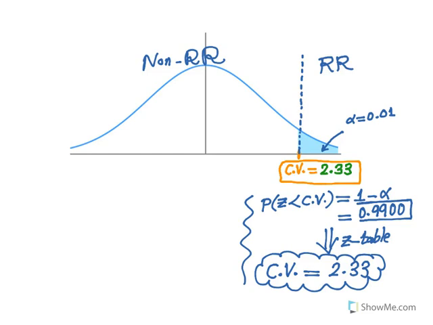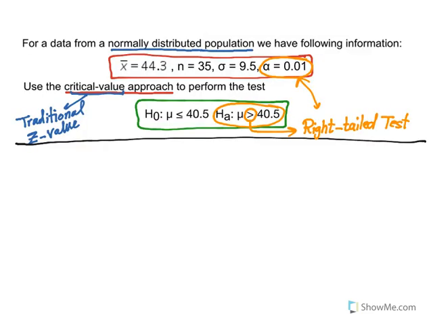Next, you need to compute the test statistic. And that you get from looking back at the question. You are given the sample mean, the sample size, and look, you are given the population standard deviation sigma. So you can say that sigma, in this case, is known.